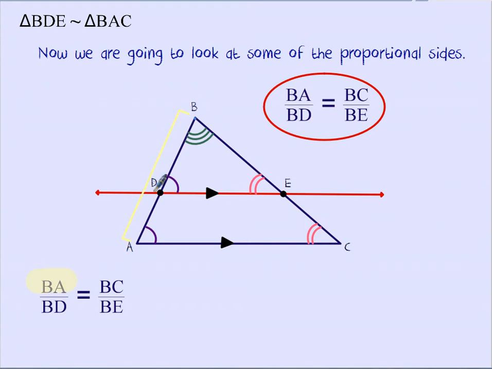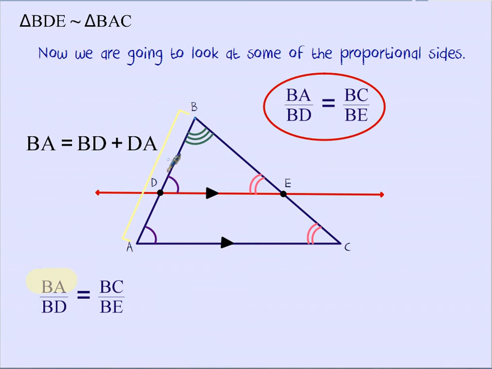I'm going to take this side, BA, and I'm going to say that if I added the two smaller portions of that line together, it would equal the whole length. So I can say BD, the length from B to D, when added to DA, the length from D to A, gives me the whole length BA.